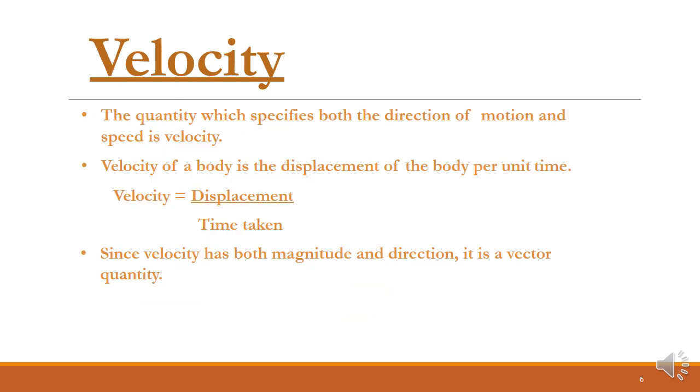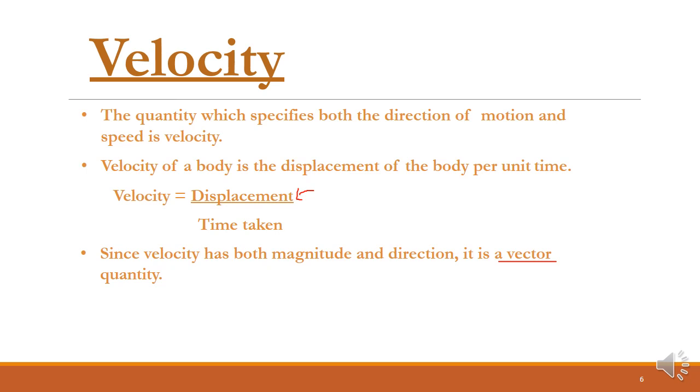Now speed and velocity is one of the greatest confusions of physics, since they are connected very closely. In speed we had distance upon time, whereas here it is displacement upon time. Now as we have discussed earlier, distance was scalar, displacement was vector. So in velocity displacement is there, hence velocity will be a vector quantity.